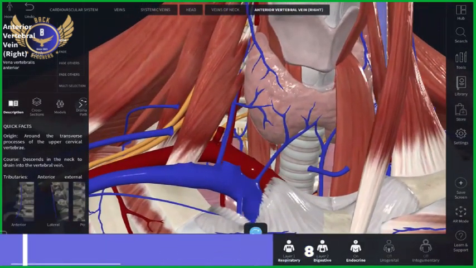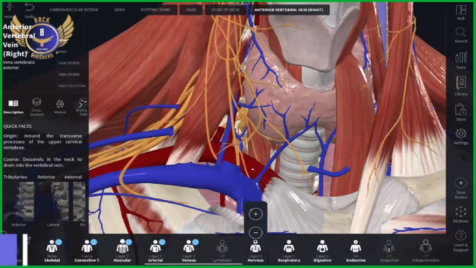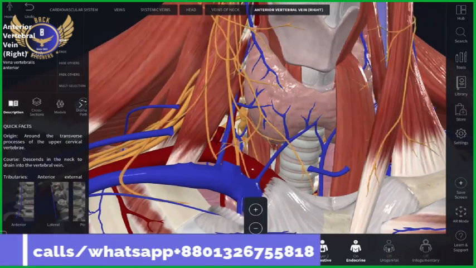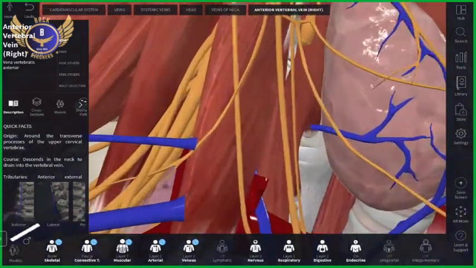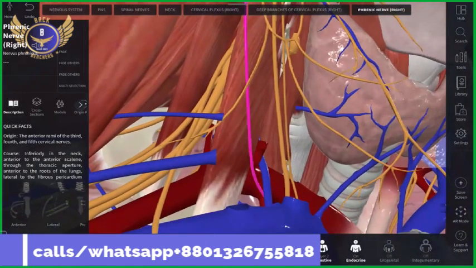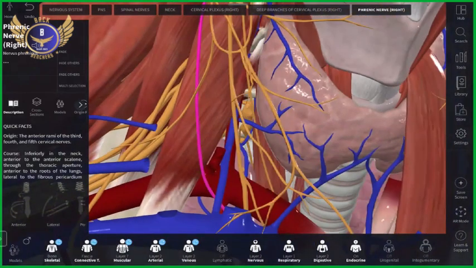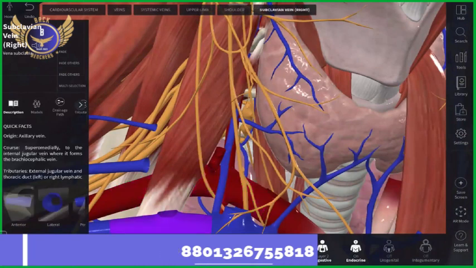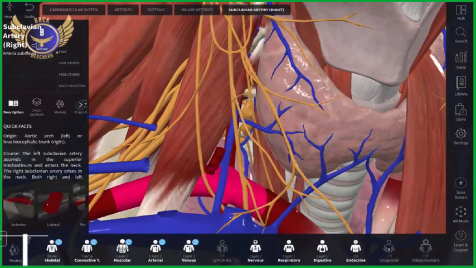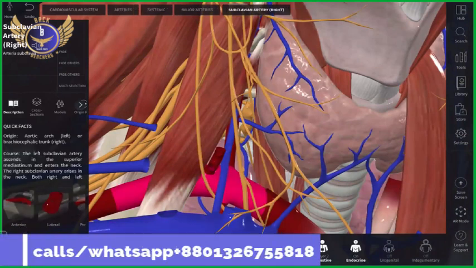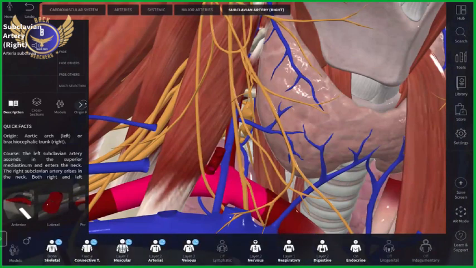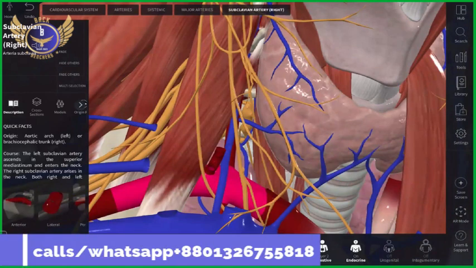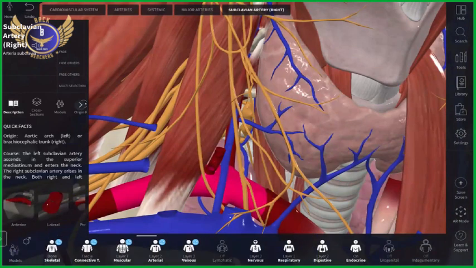We have to add more nerves to see that. Right now, don't get confused. See, this one, a beautiful nerve that is over our scalenus anterior and in between the subclavian artery and subclavian vein. Of course, remember, right and left are the same, so don't get confused about it.